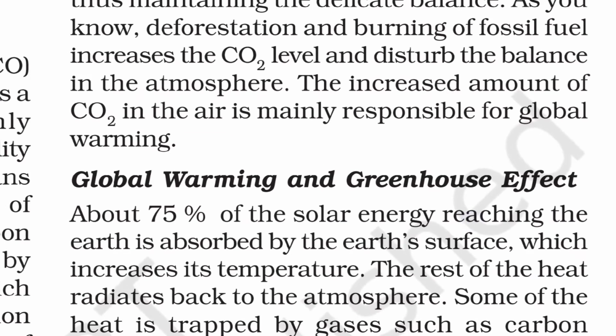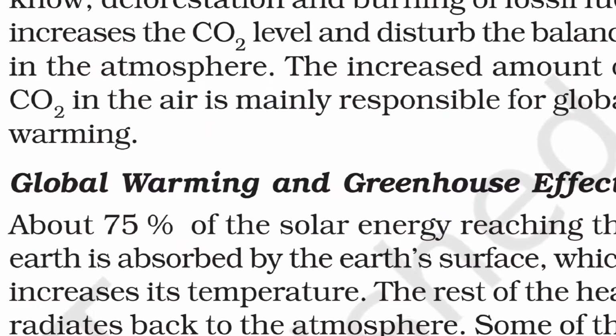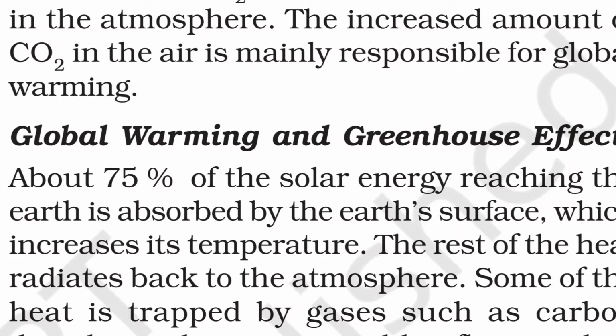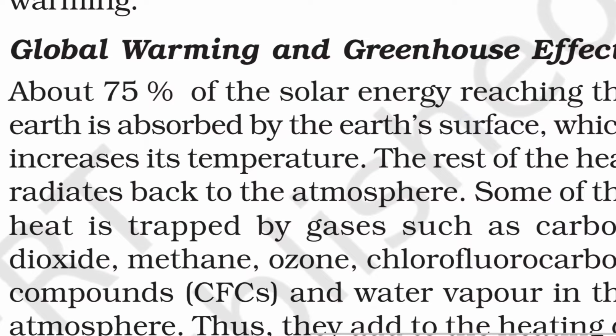The rest of the heat radiates back to the atmosphere. Some of the heat is trapped by gases such as carbon dioxide, methane, ozone, chlorofluorocarbons, and water vapor in the atmosphere.